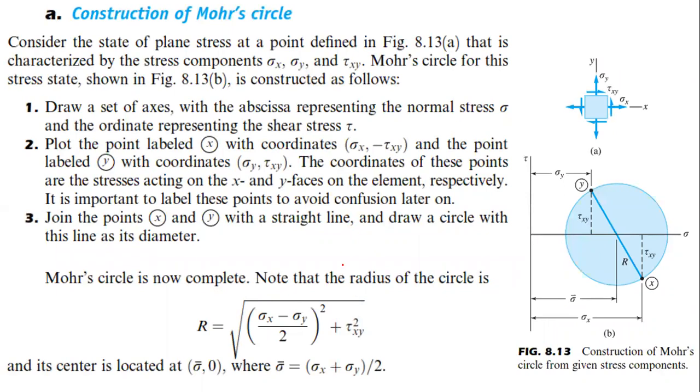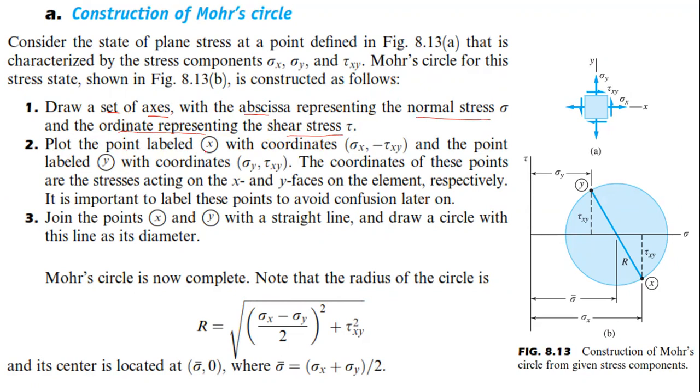Construction of Mohr's circle. How are we going to construct it? First, we draw a set of axes with the abscissa representing the normal stress and the ordinate representing the shear stress.